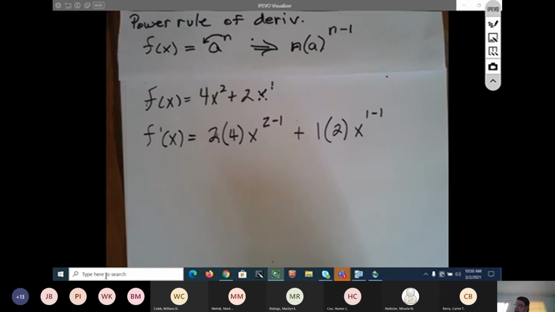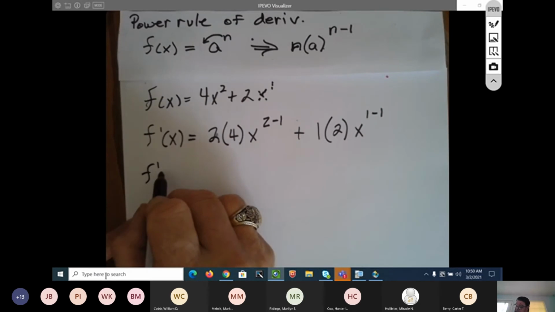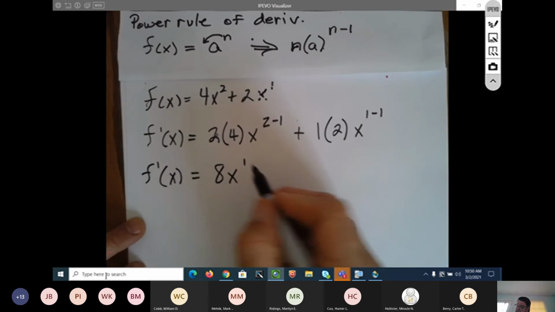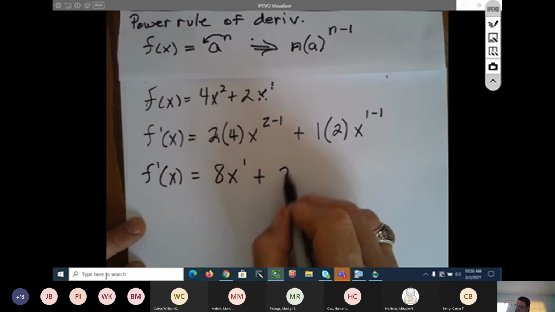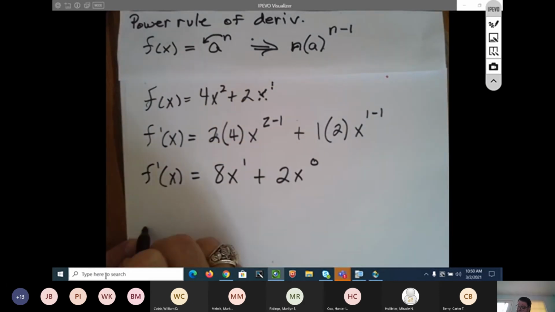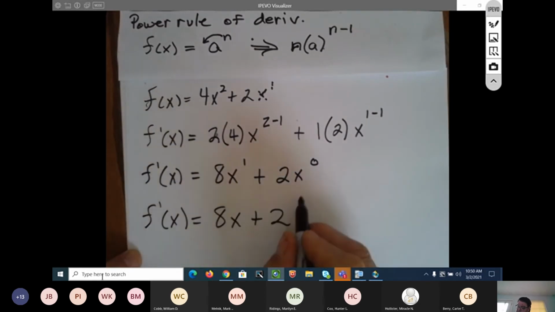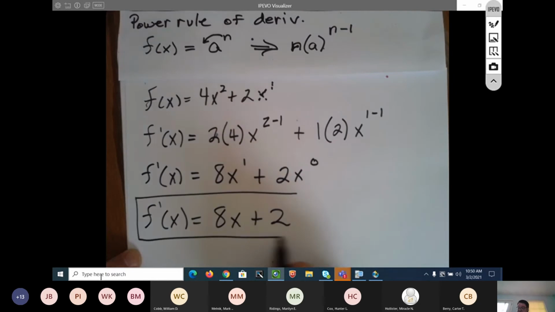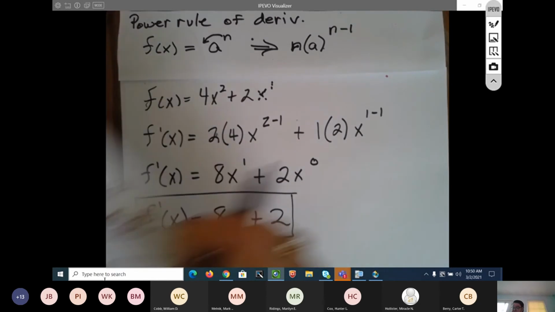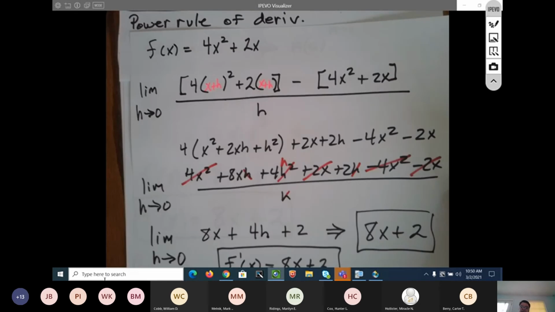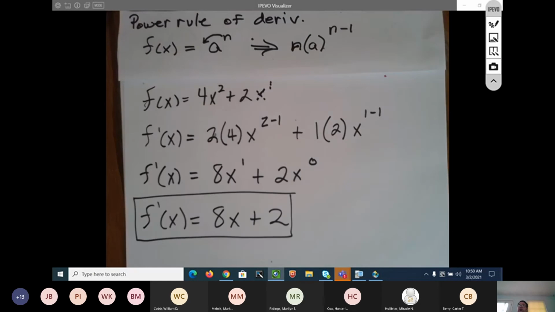And f prime of x is equal to 8x to the first plus 2x to the 0. And f prime of x is equal to 8x plus 2. And you get the same answer as you got doing all that algebra and all that limit theory. I'll give y'all a second to catch up there.